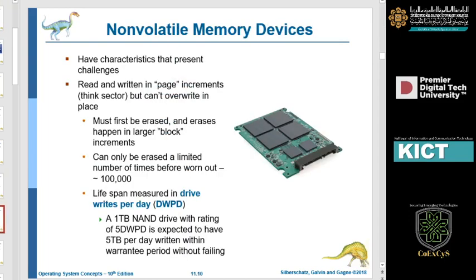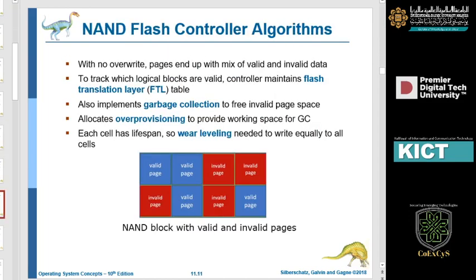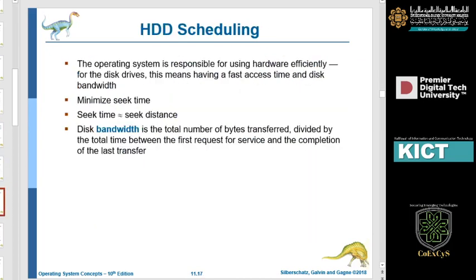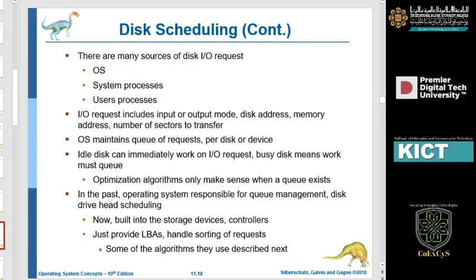In that case, there are certain algorithms that we use to see how fast we can access this, and those algorithms are called hard disk scheduling algorithms. There are a couple of hard disk scheduling algorithms.